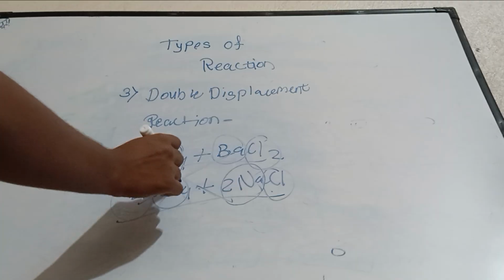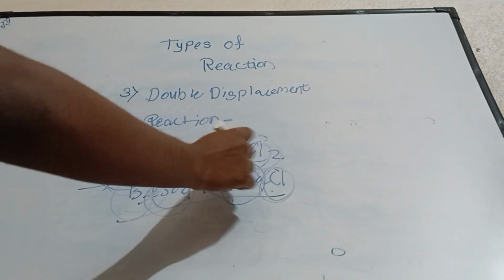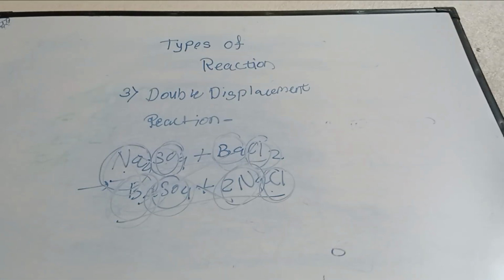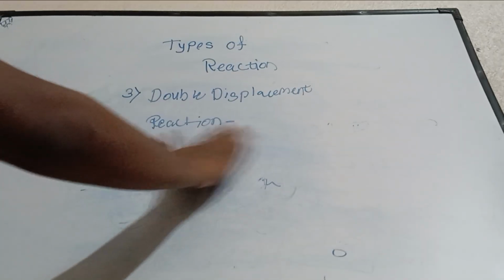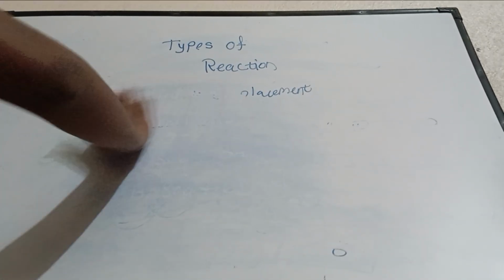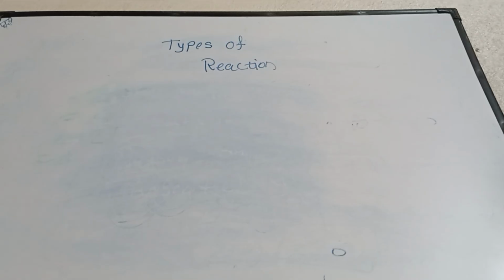Okay, got it? Here the last terms will not change, only the first terms will change. Got it? So I hope you all liked it, and by the way, this was the last fourth one.